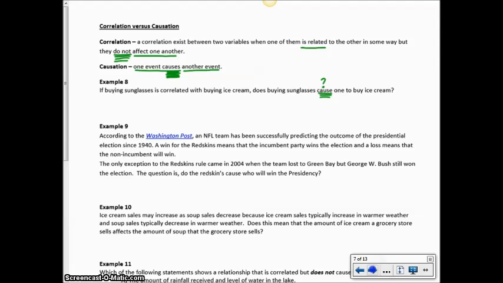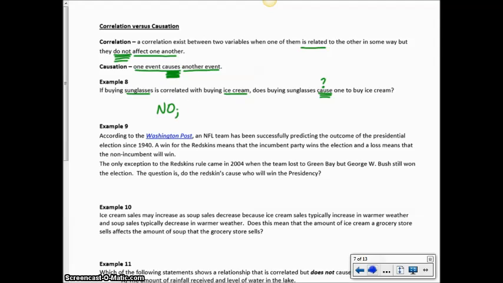It's asking, does it cause it? Well, why do you think that people might buy sunglasses and buy ice cream at the same time? They might be both during the summer. Maybe some people buy ice cream in the summer. But just because I buy sunglasses doesn't mean that I have to, 100% have to, buy ice cream. So I would say no, it does not cause it.